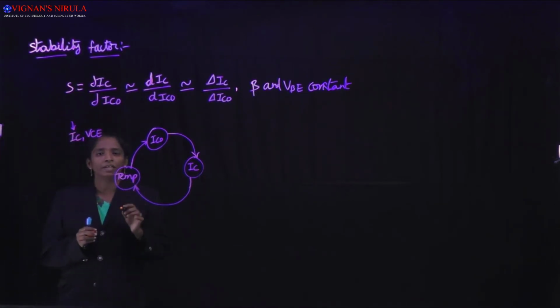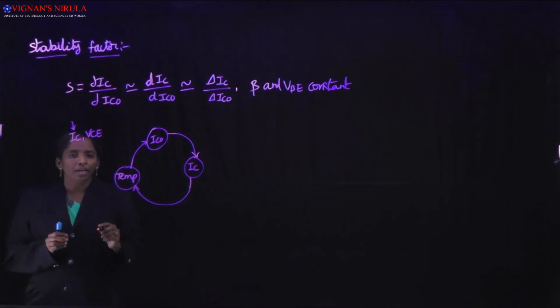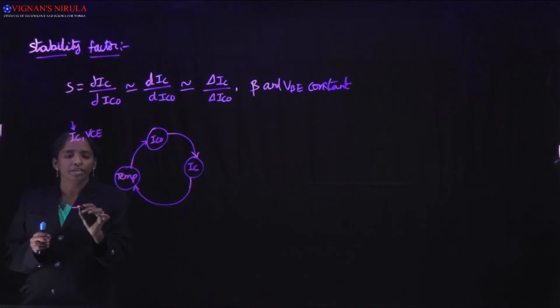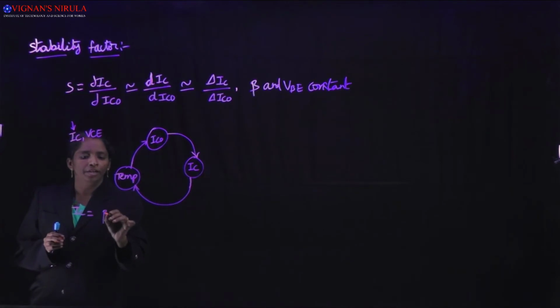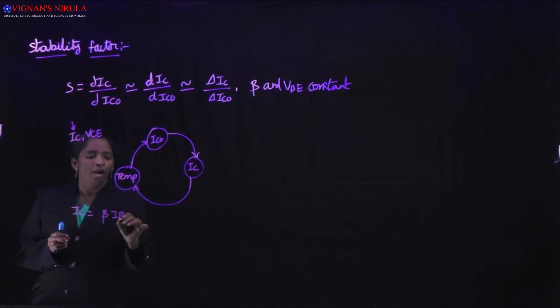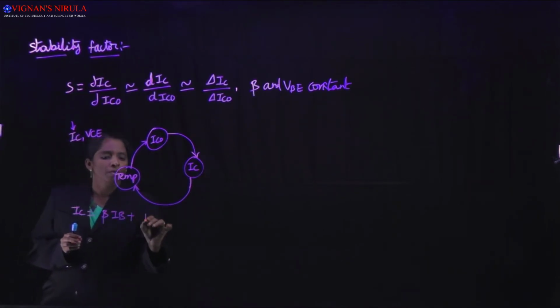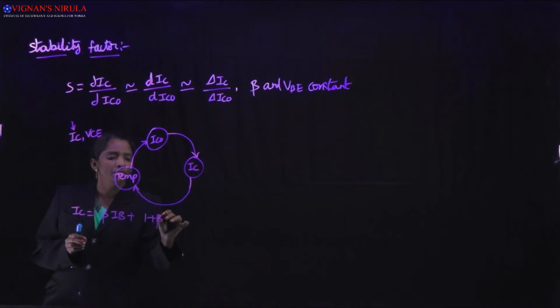Here the stability factor is equal to change in IC divided by change in reverse saturation current, that is ICO. According to the collector current equation in common emitter configuration, IC equals beta into IB plus (1 plus beta) into ICO.